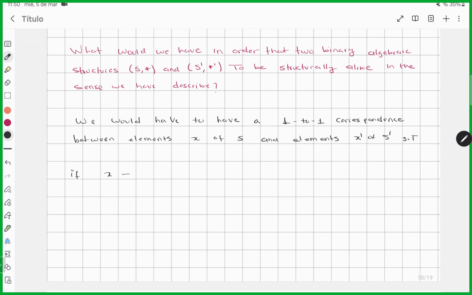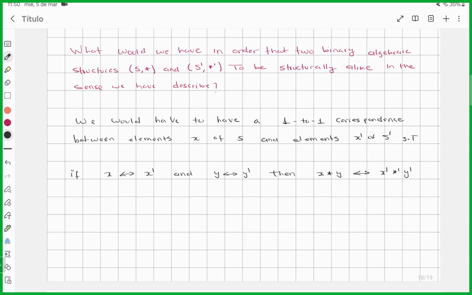If x corresponds to x prime and y corresponds to y prime, then x asterisk y corresponds to x prime asterisk prime y prime. Okay, very important to mention here is the following. A one-to-one correspondence exists if the sets S and S prime, in this case, have the same number of elements.